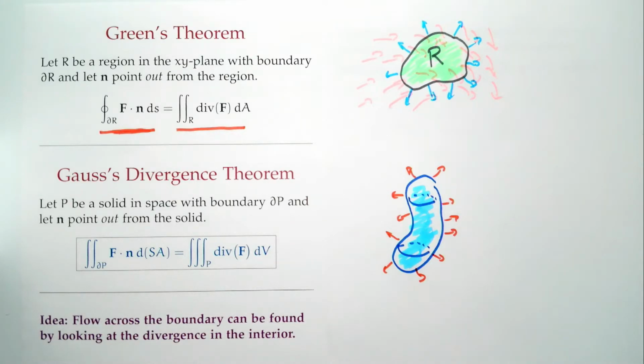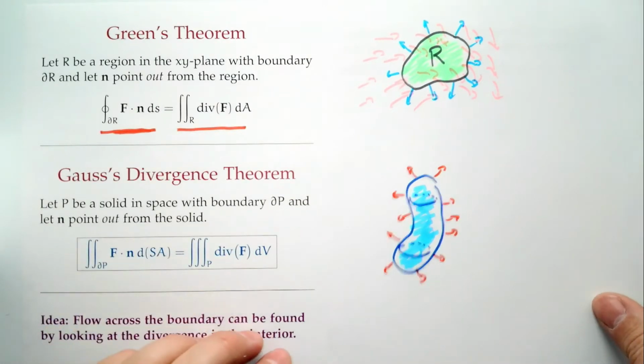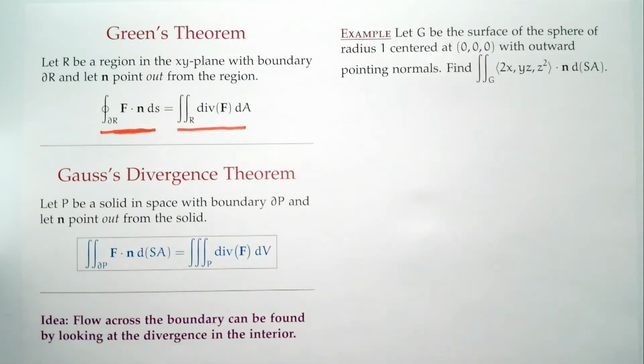And that's it for the theory. The rest of today is practice. So just remember, we're going to see lots of divergence. One of the reasons why we like divergence, by the way, is it's a lot easier to work with divergence than it is to work with curl. Curl is messy. Divergence is pretty easy.